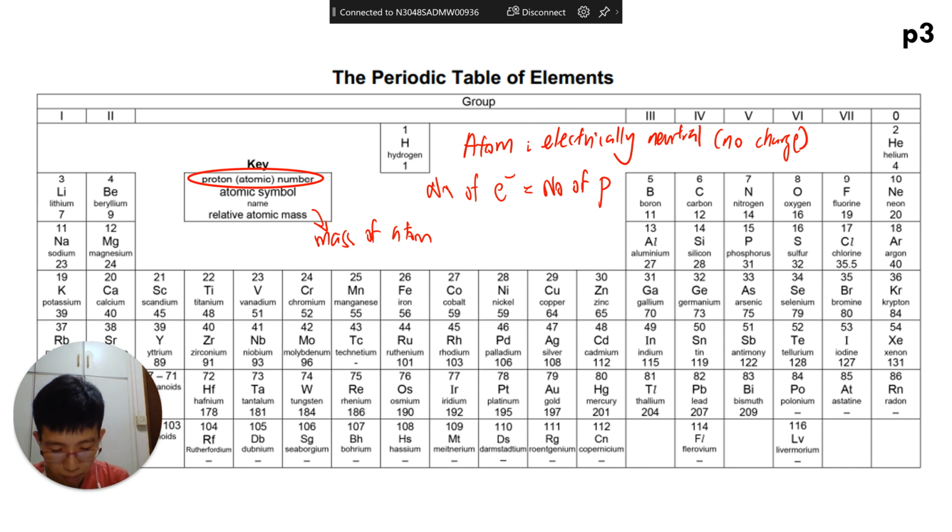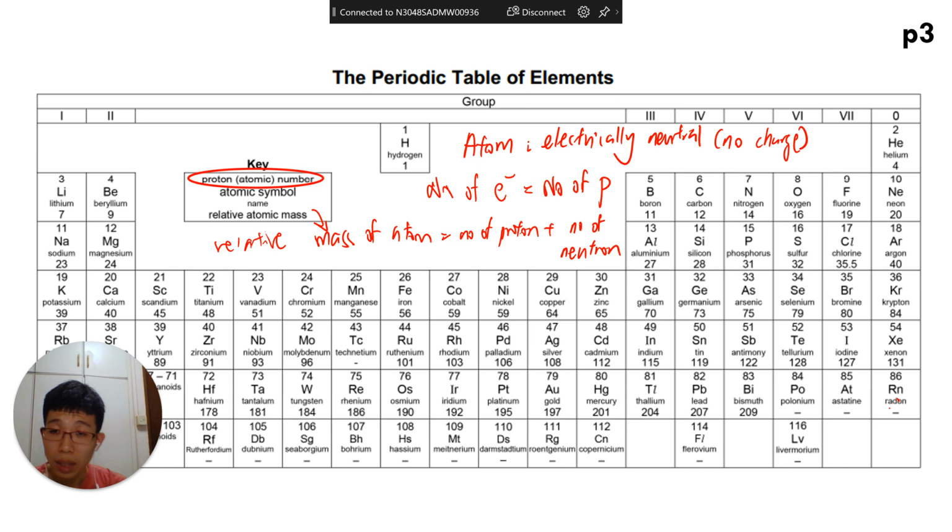So in order to find the relative atomic mass, we need to take the number of protons plus the number of neutrons. So this is what it means.